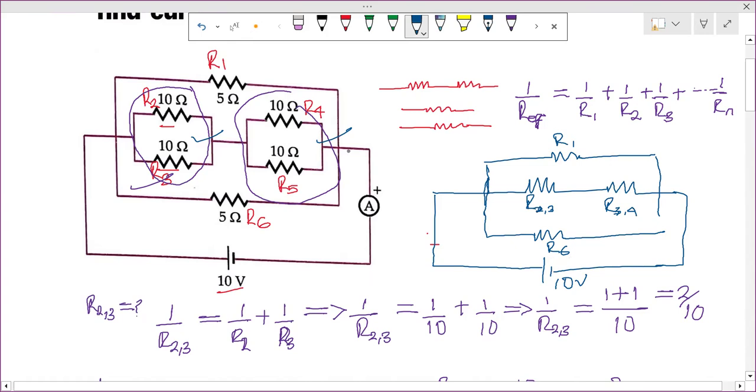From this new circuit, you can see that these particular ones are in series, just like what I've just told you here. So R2,3 and R4,5 are in series.